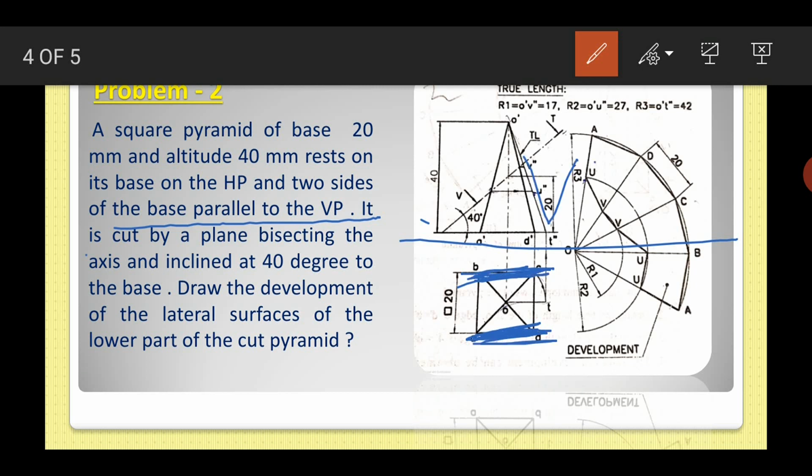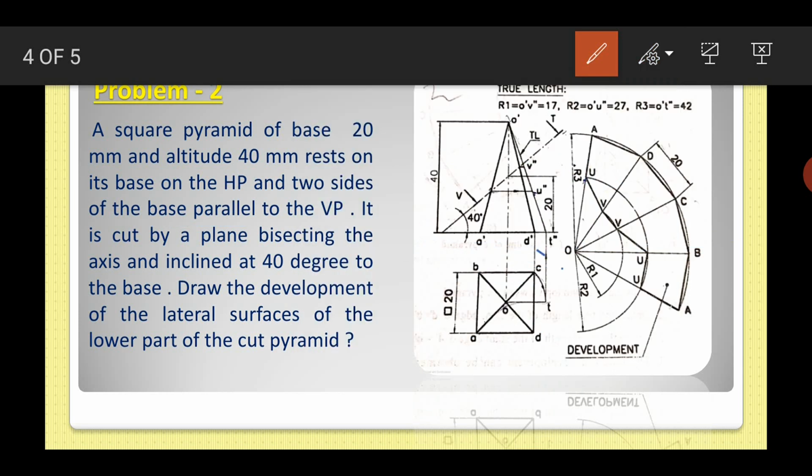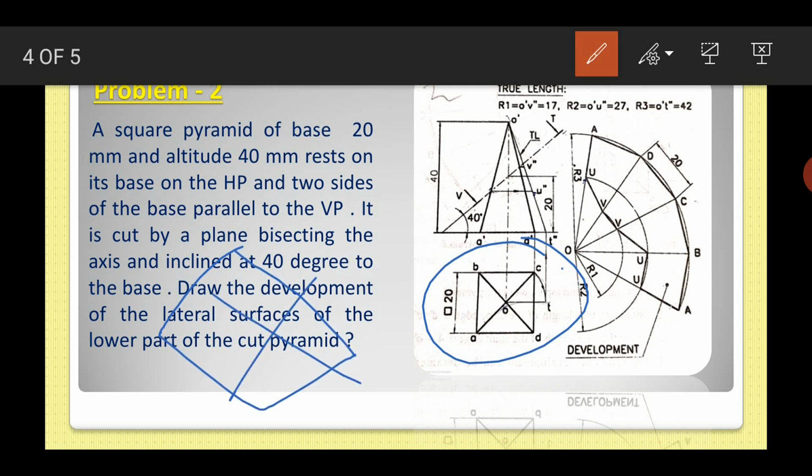So here it is VP, this is the XY line, and two of the sides are parallel. This is the condition which I took, so that is the reason I take this shape. Otherwise I could make it like this shape also, but instead I take this structure because it is given that.